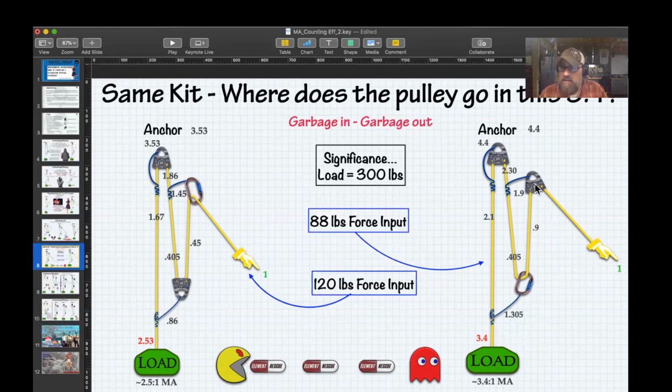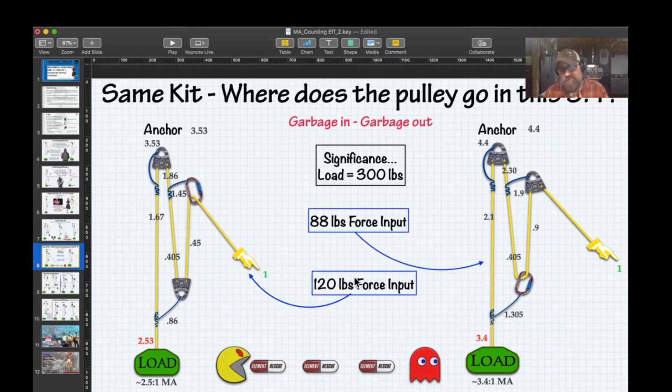As I'm coming up here, I have 1.9 sitting on this prusik right here. So 0.405 plus 1.9 equals 2.301 comes in, 0.21 comes out because I got efficiency there on my progressive capture. That 2.1 comes down, meets with my 1.305. I got a 3.4. So just changing the position between my carabiner and my pulley, with the same kit, changes me from roughly a 2.5 to 1 to a 3.4 to 1.